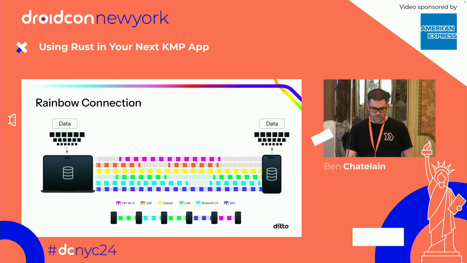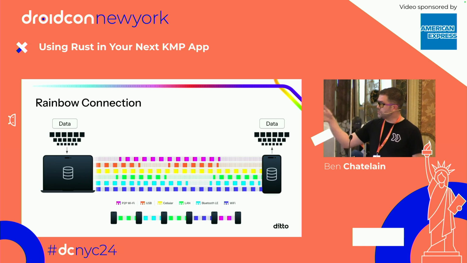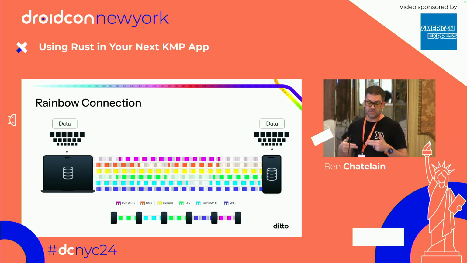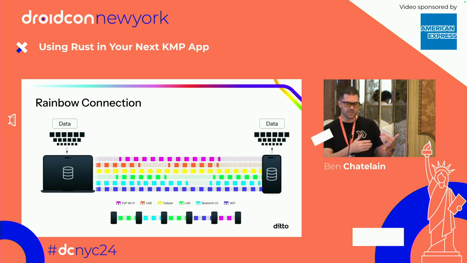devices peer-to-peer. That mesh I was talking about can use multiple transports like Bluetooth Low Energy, Wi-Fi, LAN if it's available, and peer-to-peer Wi-Fi is really fast, but peer-to-peer Wi-Fi is platform specific, so Android to Android, iOS to iOS.